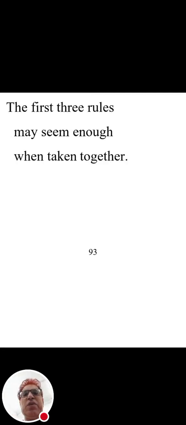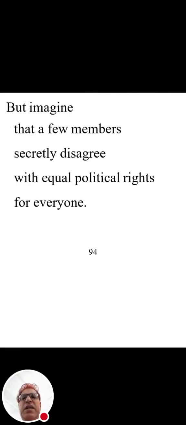The first three rules may seem enough when taken together, Robert Dahl is saying. But imagine that a few individuals secretly disagree with equal political rights for everyone.